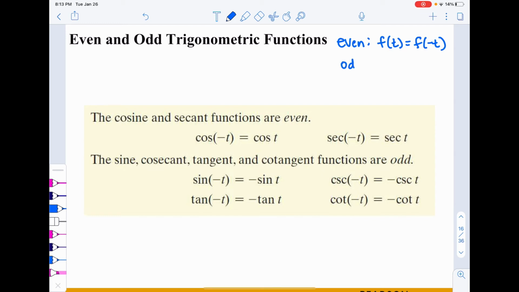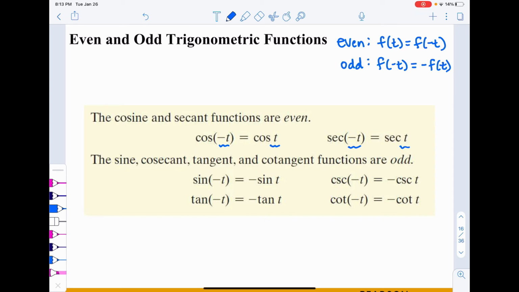Our odd functions came when we had that f of negative t was equal to the opposite of our function, f of t. So it tells us that the cosine and the secant functions are even, meaning if I take the cosine of a negative t, it's the same thing as taking the cosine of positive t. If I take the secant of negative t, I have the secant of just t.